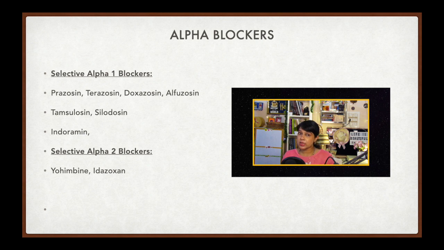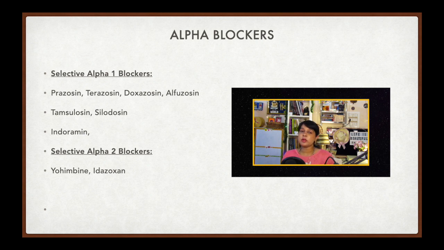Let's talk about more drugs. Tamsulosin, silodosin: they selectively inhibit the subtype of alpha-1 receptors present in the prostate. And what is this subtype? Alpha-1A. They don't affect the alpha receptors that are present in the blood vessels. So they are very, very specifically acting on alpha-1A.